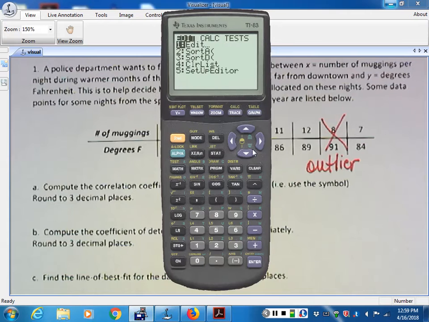I'm going to go back to stat, over to the test, down to the linear regression t-test with that 1 point gone. My data is in list 1 and list 2. The frequency is 1. Nothing else changed. I left everything the same. I'm just going to recalculate all those numbers.